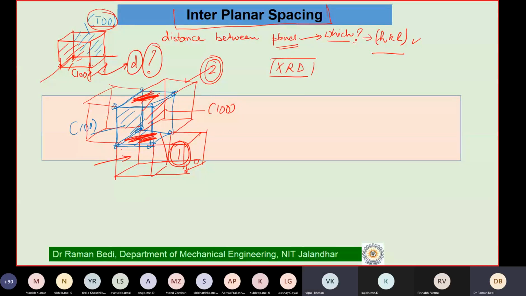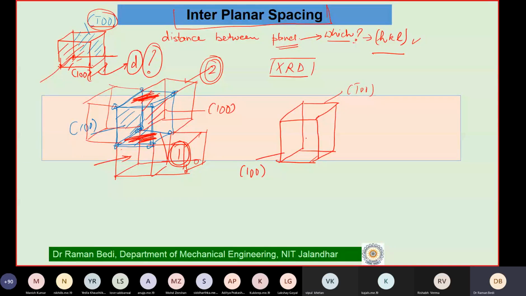Okay. Let me introduce one more concept here. So I said this is 1 bar 0 0. This is 1 0 0. Where will be 2 0 0? Sir, 200, sir, just... I will draw it again for you so that it is easier for us. So we said the front one happens to be 1 0 0 and the back one happens to be bar 1 0 0, which is nothing but 1 0 0 for the previous one.